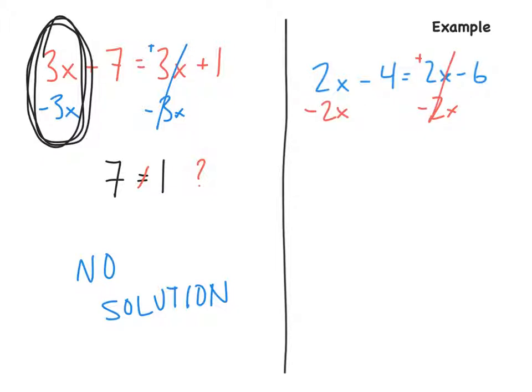So these cancel out. And 2x minus 2x is equal to 0. All that we have is a negative 4 is equal to a negative 6. Remember, you have to carry these signs as well. So think to ourselves, is negative 4 equal to negative 6? No, they are not. Thus, the answer is no solution.